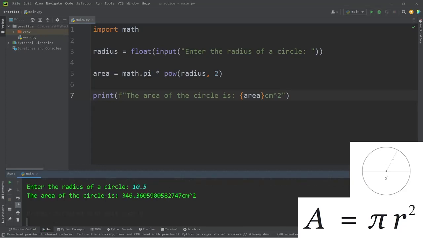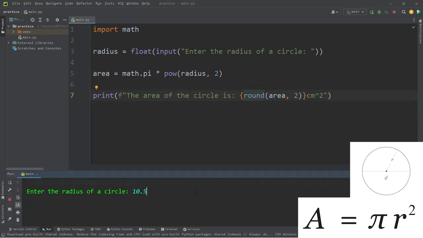The area of the circle is 346.36, but I would like to round this number to 2 decimal places. I'll use that round function, and I'll place area and the number of digits to round to within this function. Let's try that again. 10.5. The area of the circle is 346.36 centimeters squared. That is the second exercise.